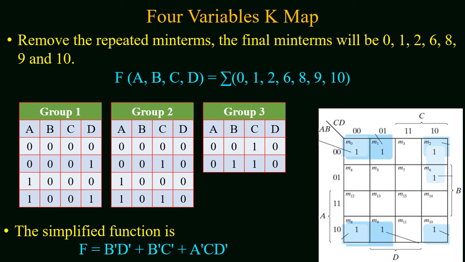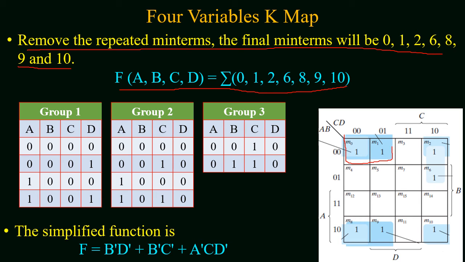Now if we remove the repeated minterms, the final minterms will be 0, 1, 2, 6, 8, 9 and 10. And the given function can also be expressed in the form of sum of minterms. Now after placing the minterms in the K-map, we will make groups of adjacent squares and will simplify them.